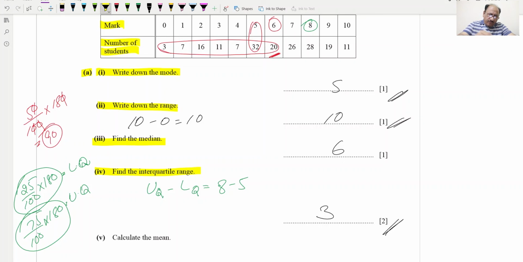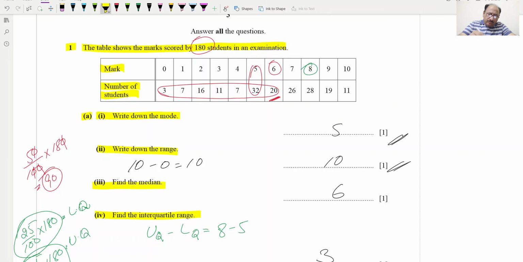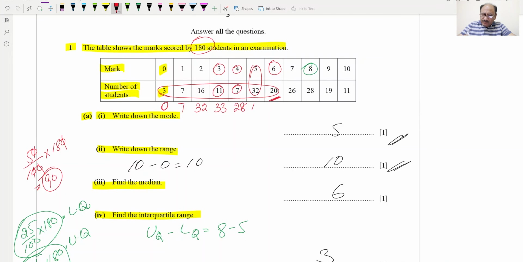Now the next part is calculate the mean. For the calculation of the mean, we will be multiplying these marks with the frequency. So 0 into 3 will be 0, then 1 into 7 will be 7, and 16 into 2 will be 32, 3 into 11 will be 33, 4 into 7 will be 28, and 5 into 32 we can multiply by the calculator, it will be 160.